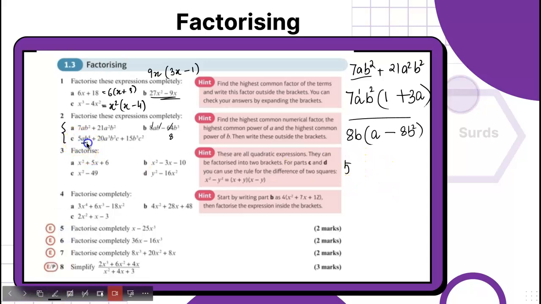So a is here, second term also contains a, but the third term doesn't have a, so we can't take a. b we can, because b is present in all the 3 terms, with the least power of b, which is 2. So we're going to be writing b squared here. Then you have got a and b, 2 are outside and it is 4.